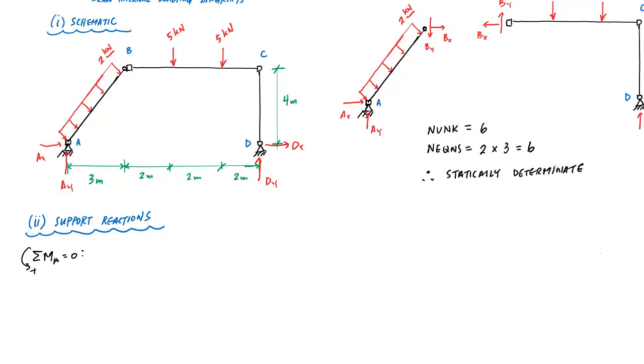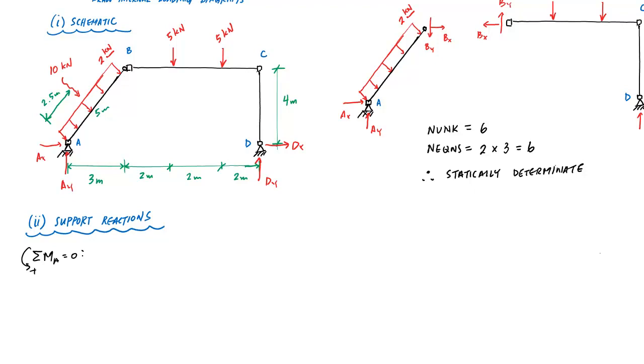I notice that the resultant here is 2 times, well, I have a 3, 4, 5 triangle, so this length is 5 meters right here, and so the resultant is 2 times 5, this is 10 kilonewtons, and this, the line of action, is perpendicular to this member AB. Then my arm, in this case, would be here to point A. This is 2.5 meters.